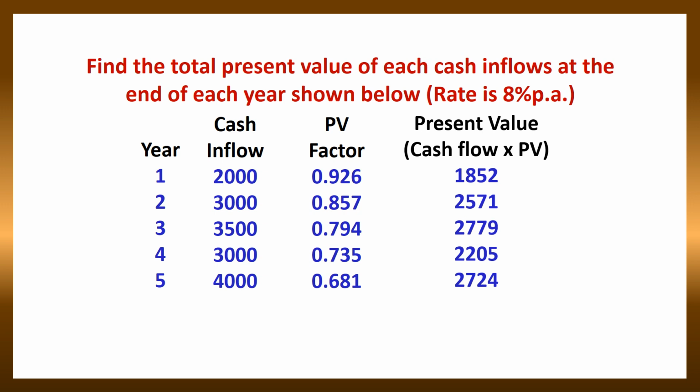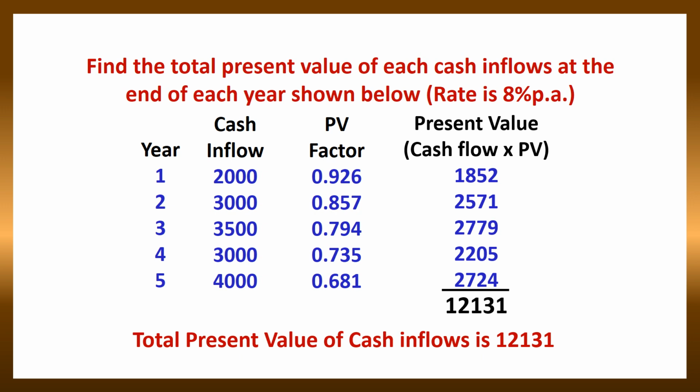The present value of 3,000 received after 4 years is 2,205, and the last one, that is 4,000 received after 5 years. Its present value is 2,724. So, the total of these present value calculated is 12,131.